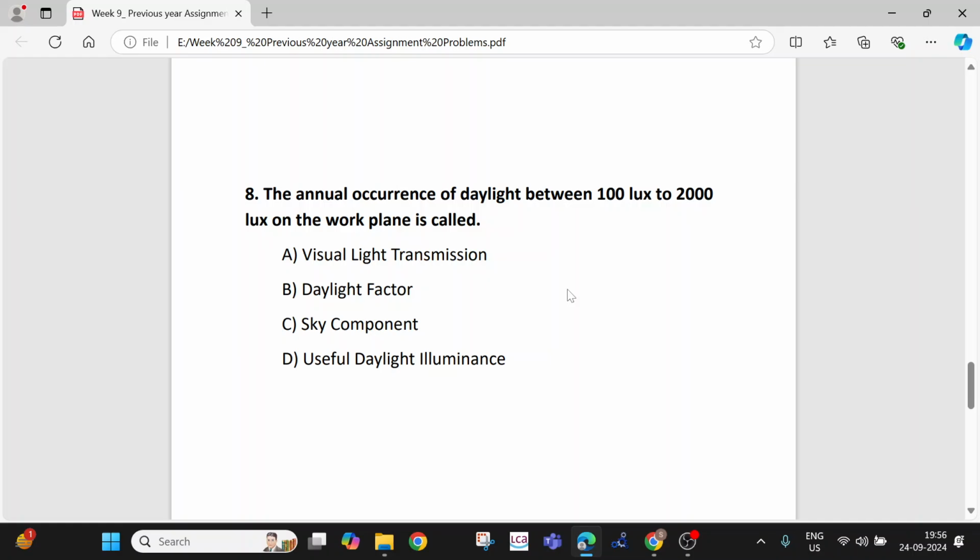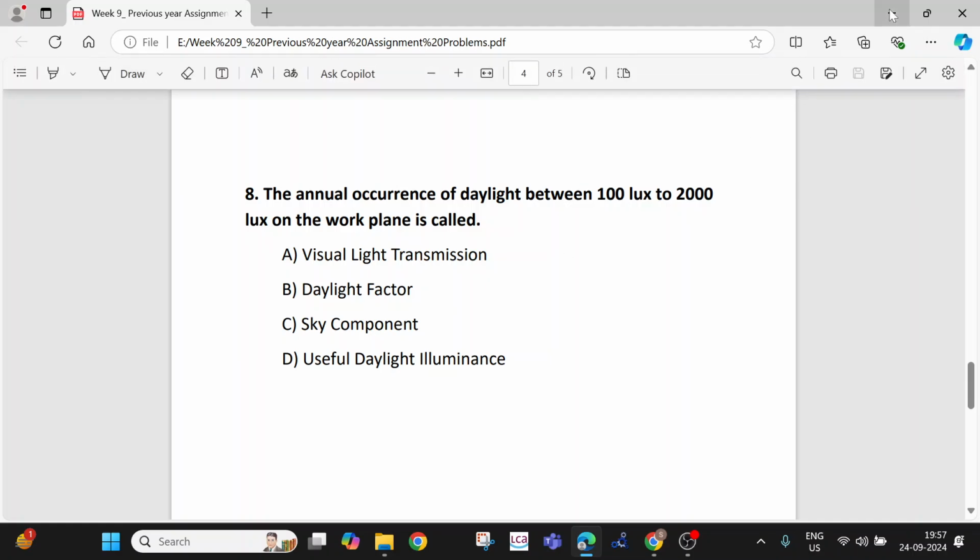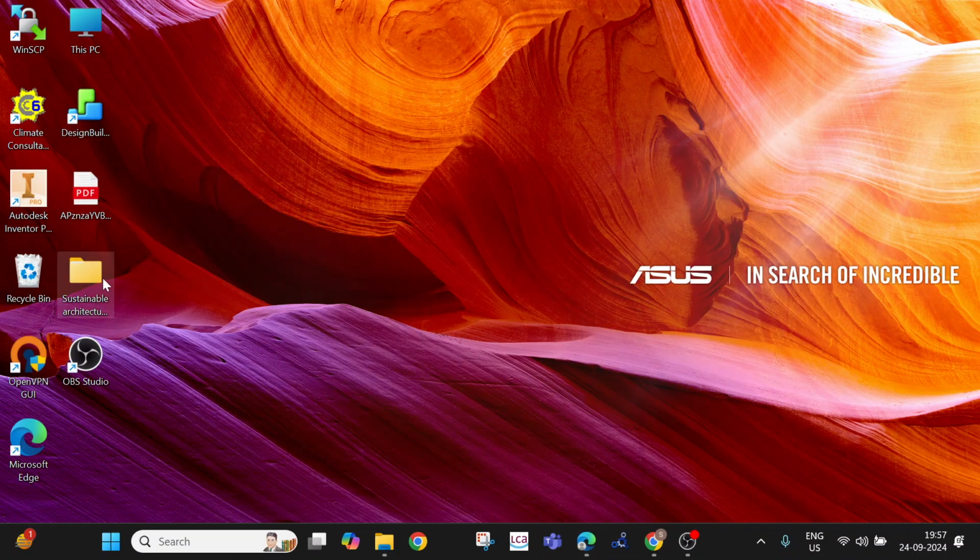When I was solving the sample problems, this lux value in the work plane I have discussed. This was discussed for daylight factor. What you people have mentioned, let me open that one again.